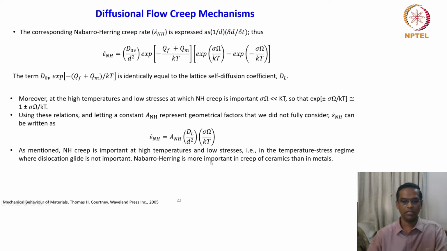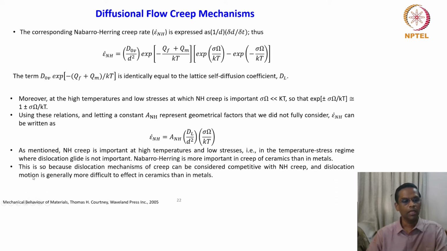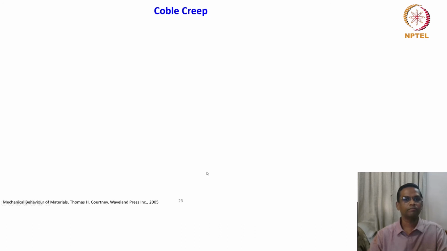So that's where it is important. This is so because dislocation mechanisms of creep can be considered competitive with Nabarro-Herring creep, and dislocation motion is generally more difficult to effect in ceramics than in metals. This aspect we also know. Dislocation activity is very limited. We have discussed that aspect several times.